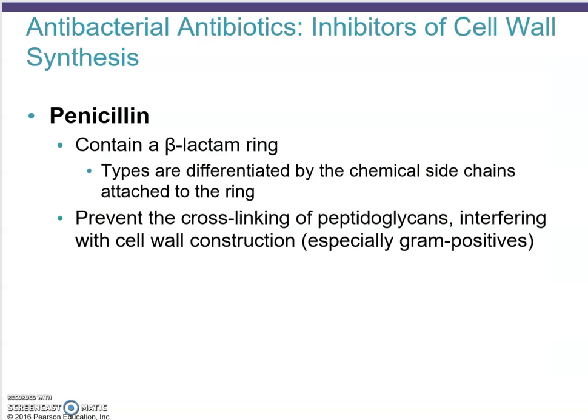Now we'll take a look more specifically at how these antibiotics or groups of antibiotics work. Inhibitors of cell wall synthesis, of course the first one, the original one, penicillin. How does it work? Well, they contain a beta-lactam ring, and the beta-lactam ring prevents the cross-linking of peptidoglycans and therefore interferes with cell wall synthesis, with the construction of functioning cell walls.